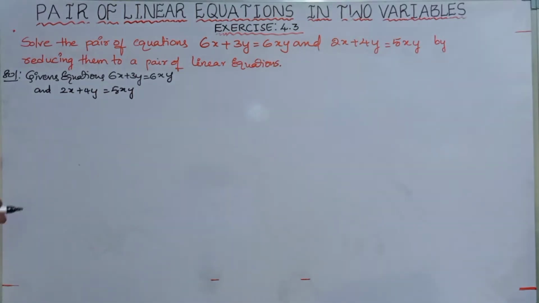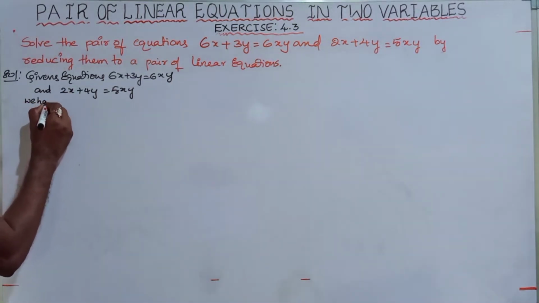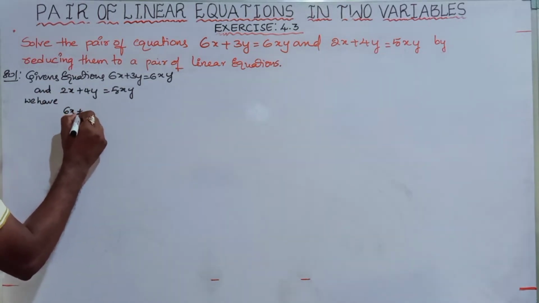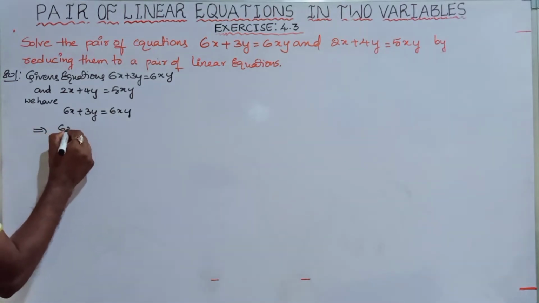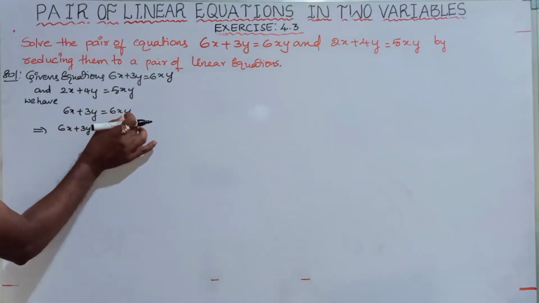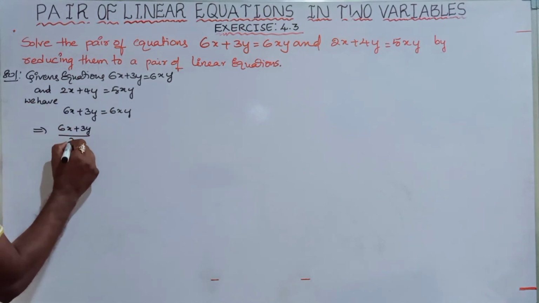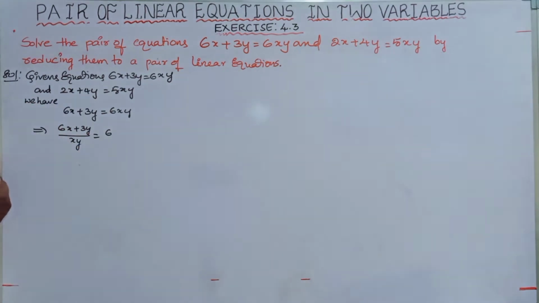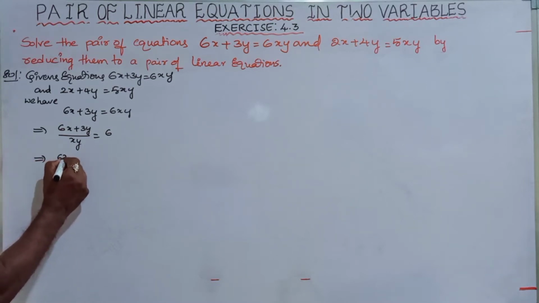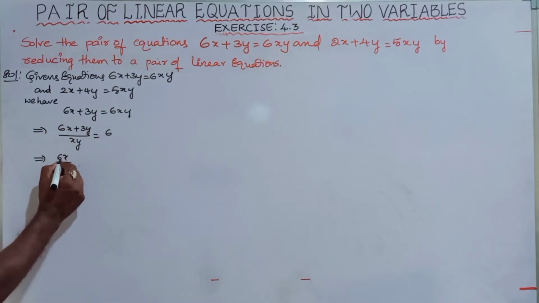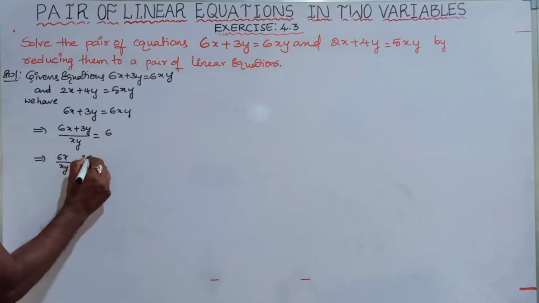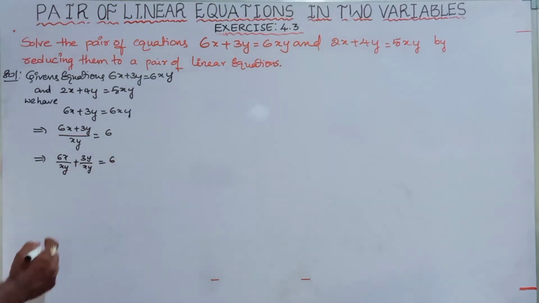Now we observe the given pair of equations. They are not linear equations. We have 6x plus 3y is equal to 6xy. It implies (6x plus 3y) by xy is equal to 6, with xy transposed to the LHS. So by separating the numerator, 6x by xy plus 3y by xy is equal to 6.